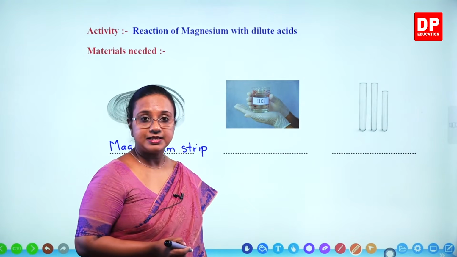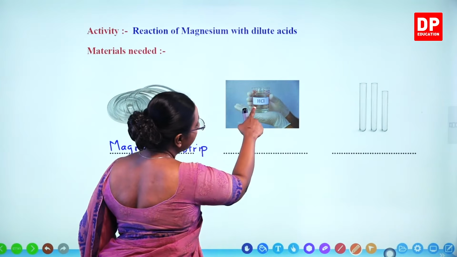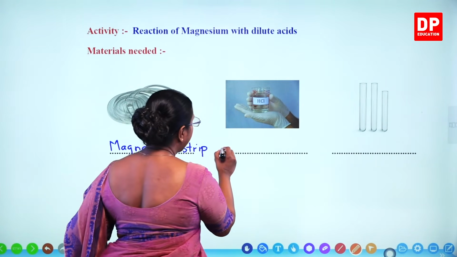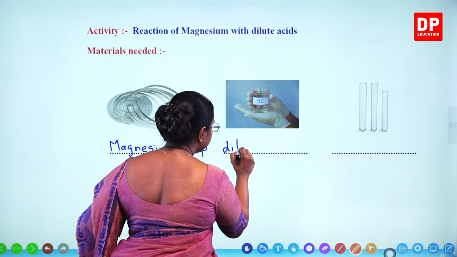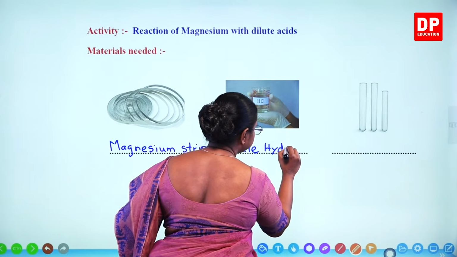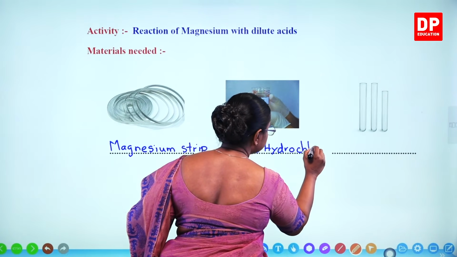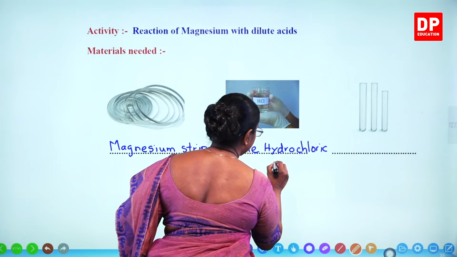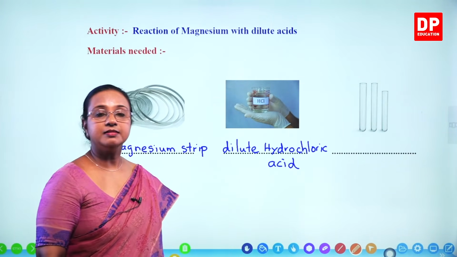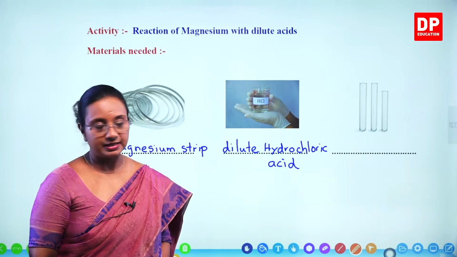Then as acid, we will be using hydrochloric acid, HCl. And you know it is dilute hydrochloric acid, because we will be using the dilute form of acid.